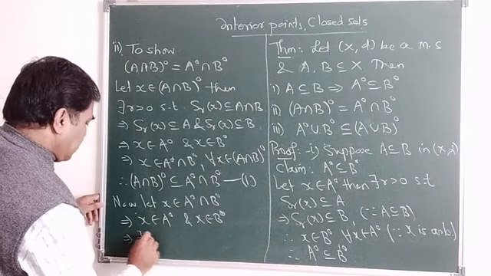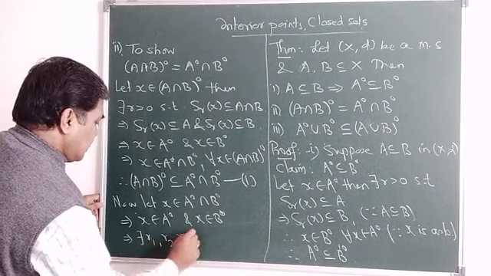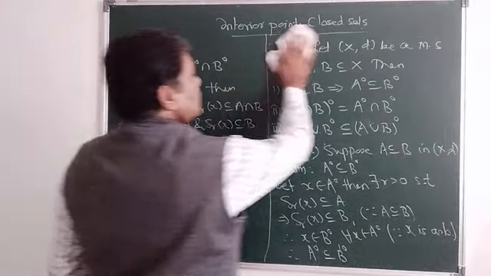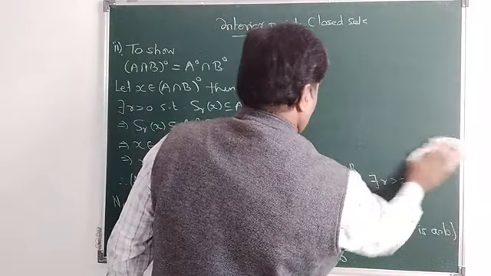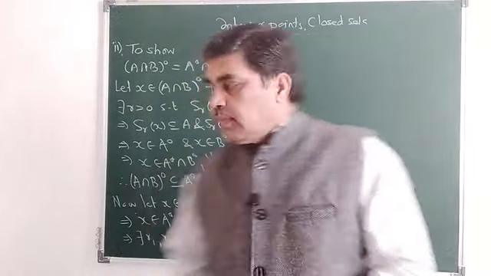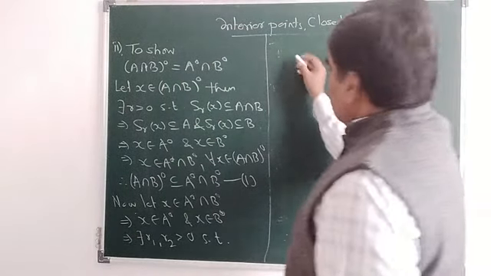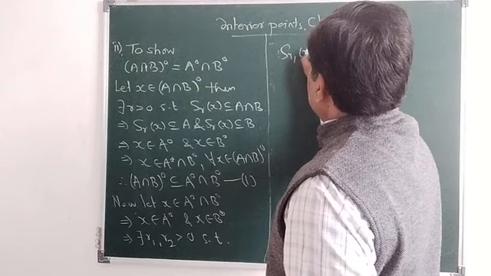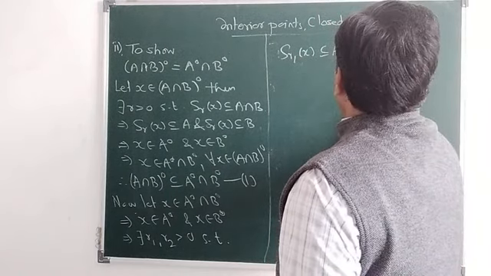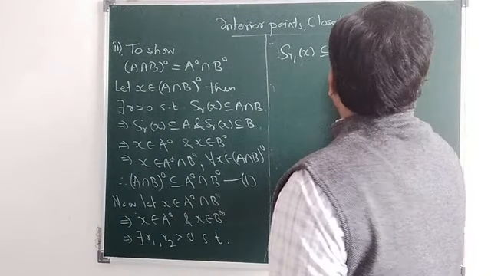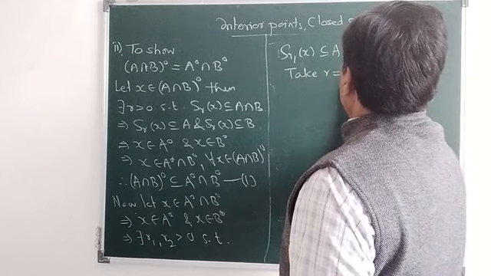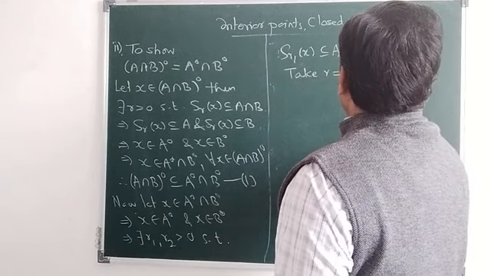This implies there exist r1, r2 greater than 0 such that S_r1(x) is contained in A and S_r2(x) is contained in B. Take r equal to the minimum of r1, r2, which is greater than 0.